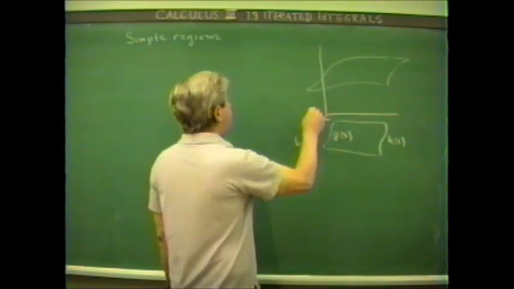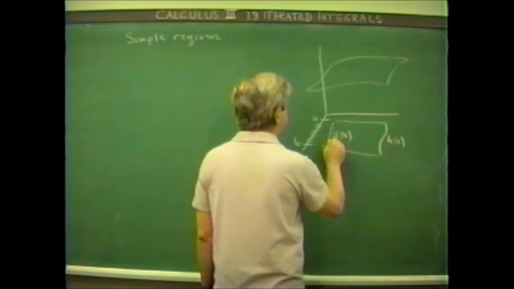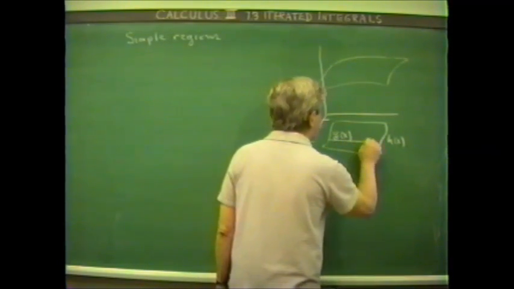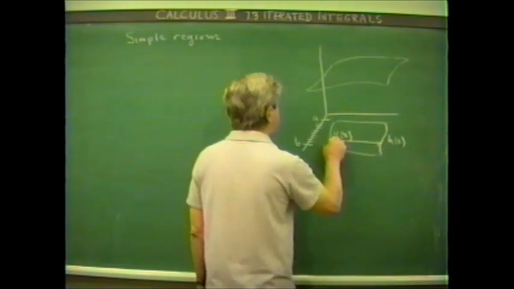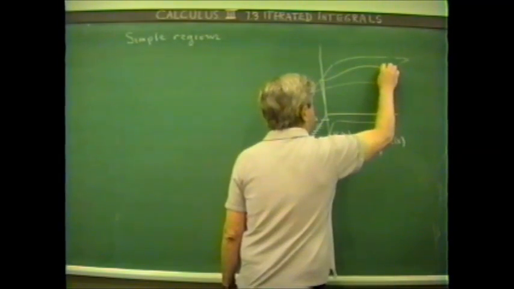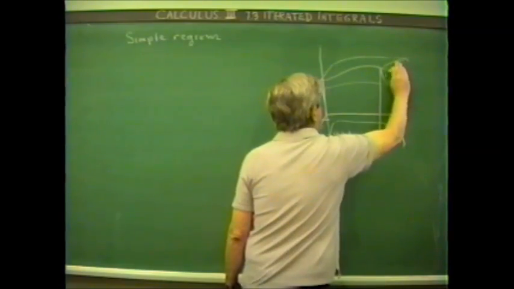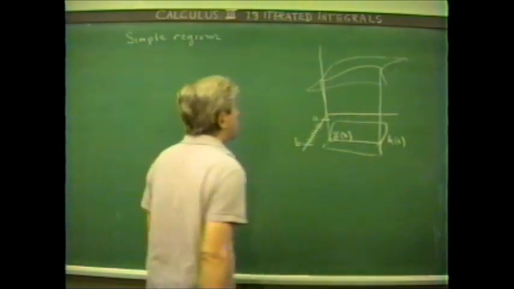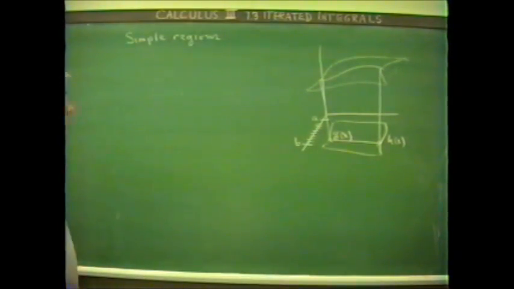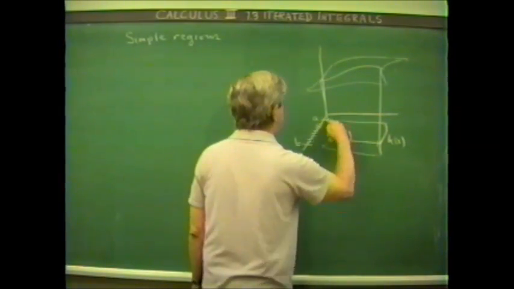What you can do with this then is you can partition it in this direction and integrate in this direction first, giving you some sort of cross-sectional area, which you will then integrate from a to b.